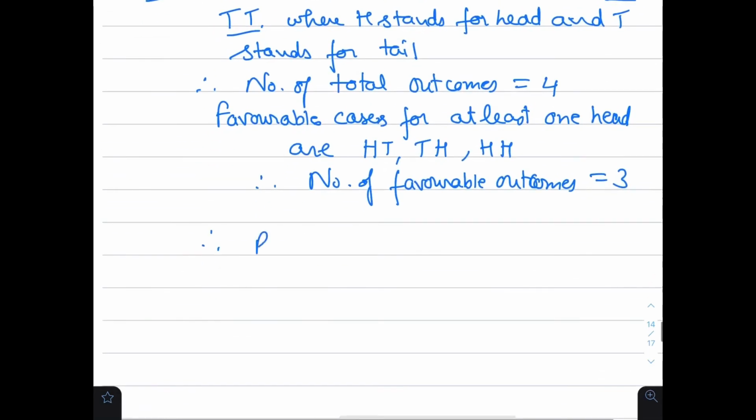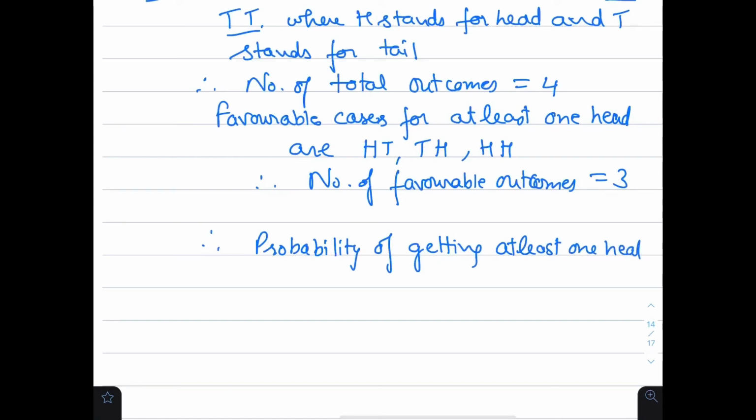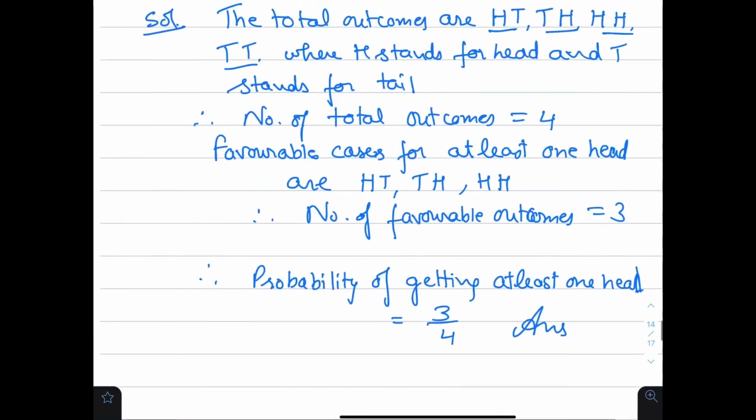Therefore, probability of getting at least one head equal to 3/4. These are very simple questions.